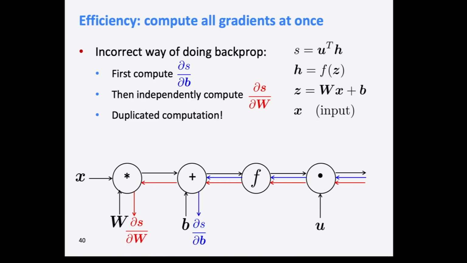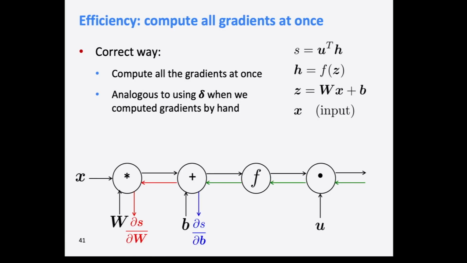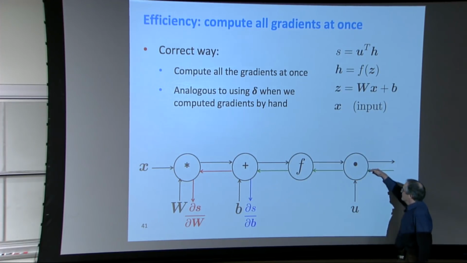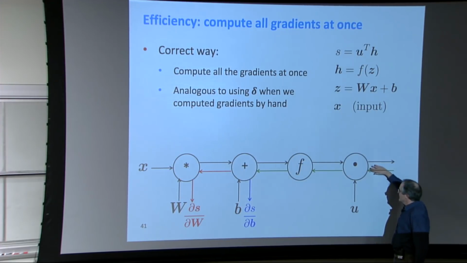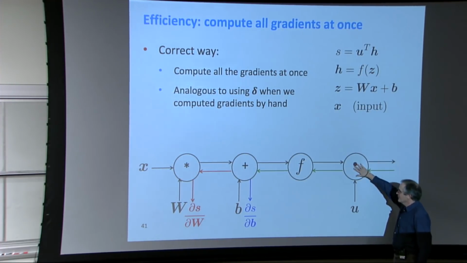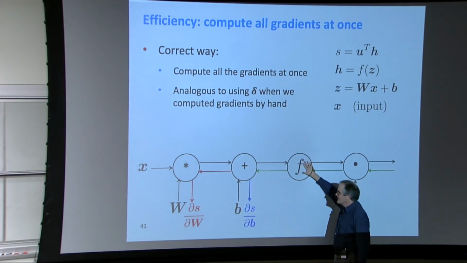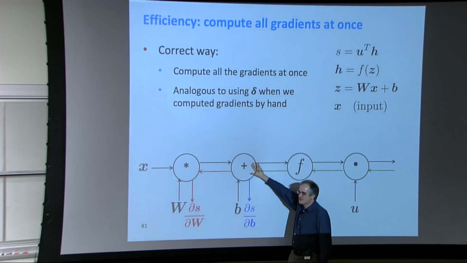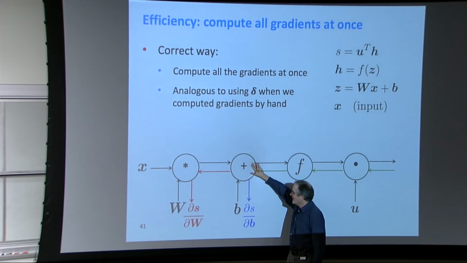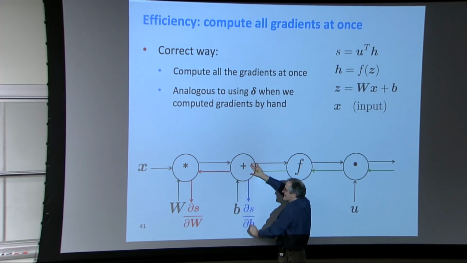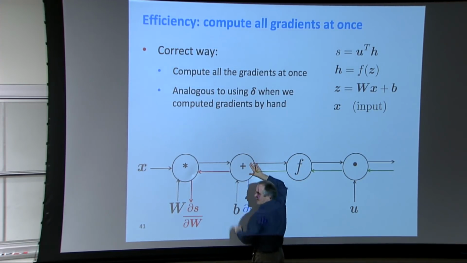Instead, we want to say, look, there's this shared stuff. There's this error signal coming from above, and we can work out the upstream gradient for this node. We can use it to calculate the upstream gradient for this node, and then this node. Then, using the local gradients, of which there are two at this node, we can calculate this one and that one.